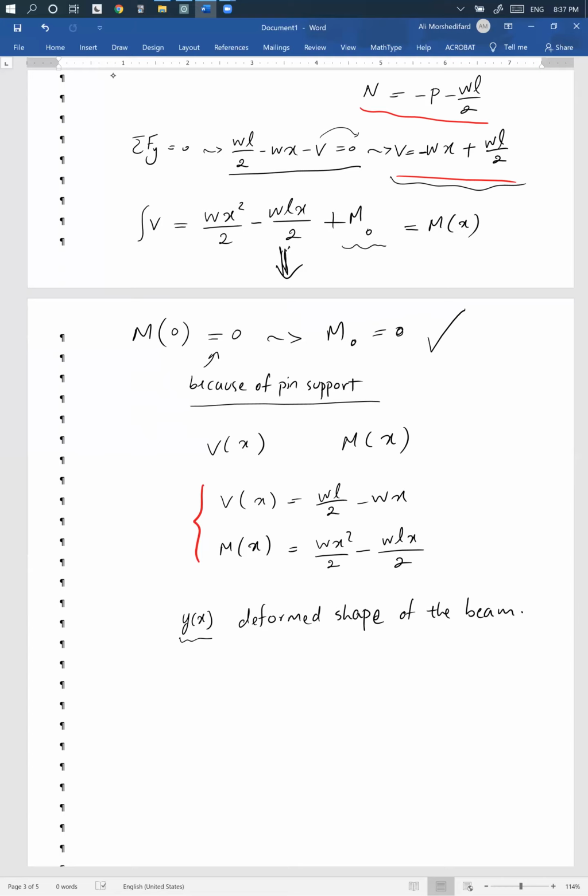The deformed shape of a beam is nothing but a regular function, just y of x. So from calculus, remember dy over dx was what? The slope of a curve, which you can call theta, or some people call y prime, right? So basically the slope of a curve is the slope of the beam, because the deformed shape of a beam is just a function. There's nothing scary here.